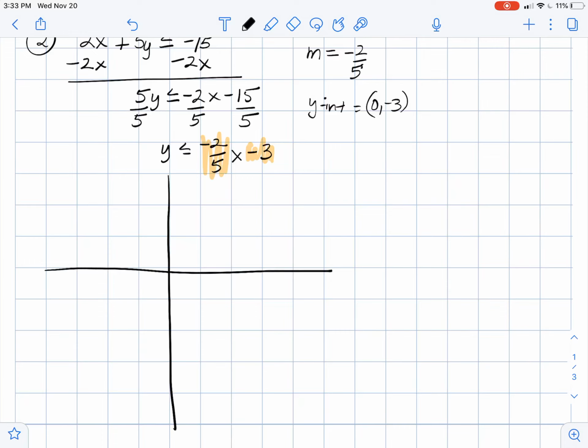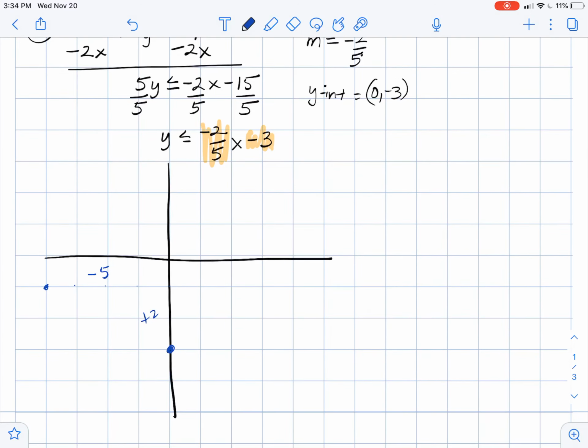Okay, I'm going to start at my y-intercept, so 0, negative 3. I'm going to rise 2, okay, and then run 5 to the negative. Okay, now I'm just showing you both ways. Or I could go down 2, okay, and 5 to the left, okay.